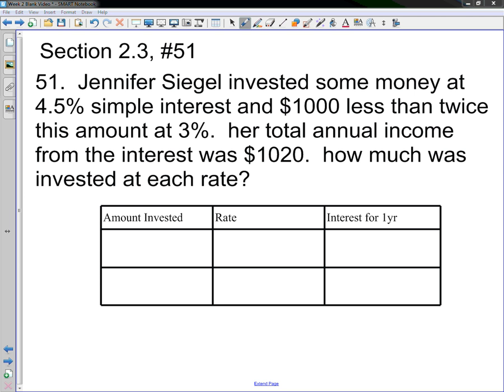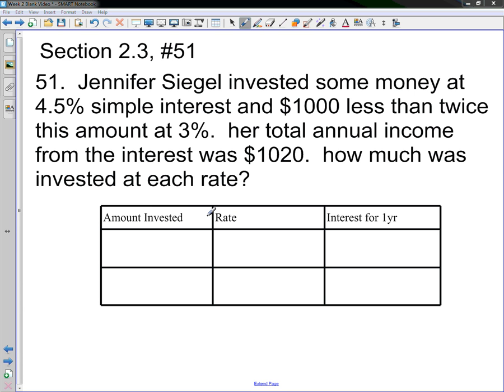I've made a little box that makes this a little easier to work with. Your book sets it up this way as well, so you may want to check those examples out. They should be similar. Okay, so we're working with a box where we have the amount invested and we have the rate.